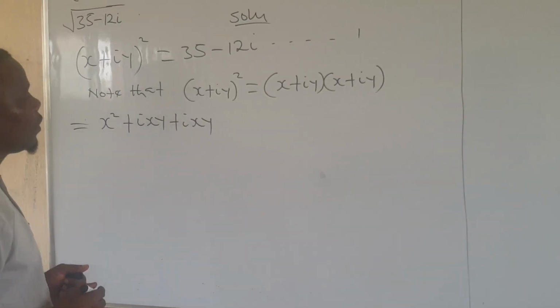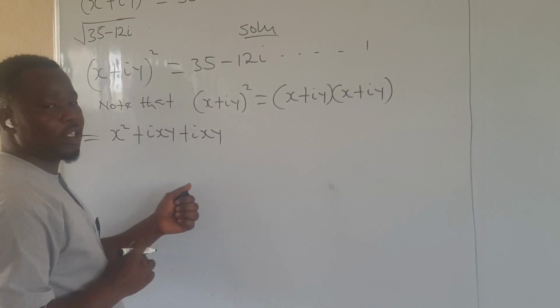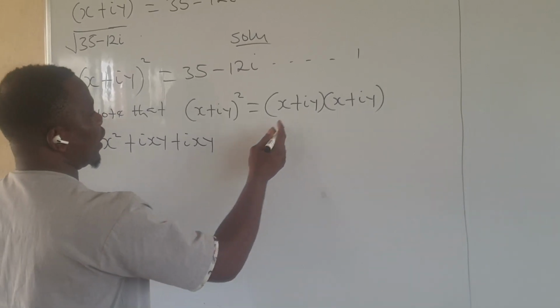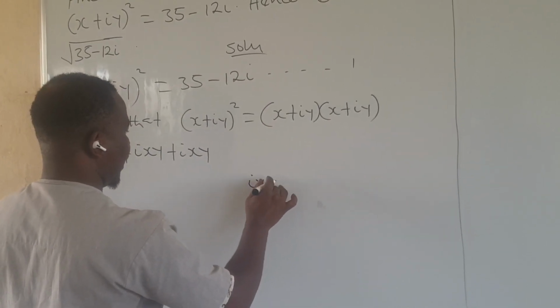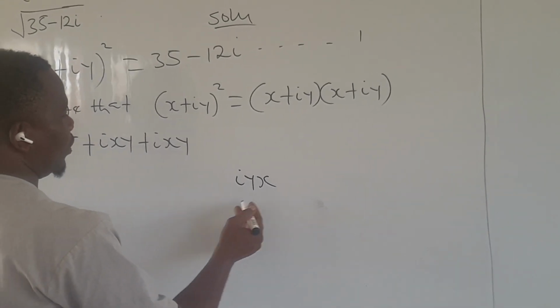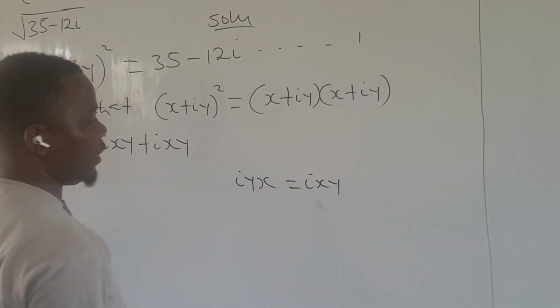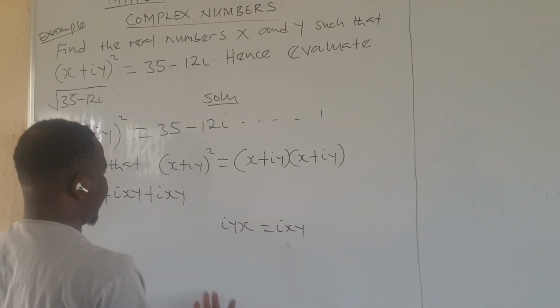Please don't get confused: multiplication is commutative. I know you are expecting me to write iyx, but commutative means we can still write it this way, ixy. They are the same thing.